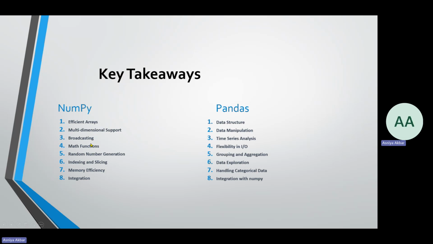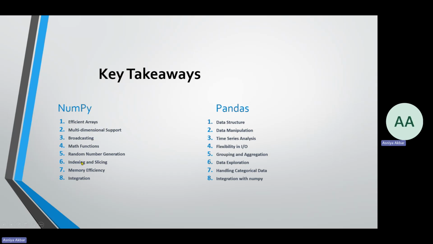Also, it has math functions. NumPy offers a wide range of mathematical operations for arrays, including basic arithmetic, trigonometry, and even exponential and logarithmic functions. Also, NumPy includes functions that generate random numbers, which is very useful for various applications like simulations as well as statistical analysis.